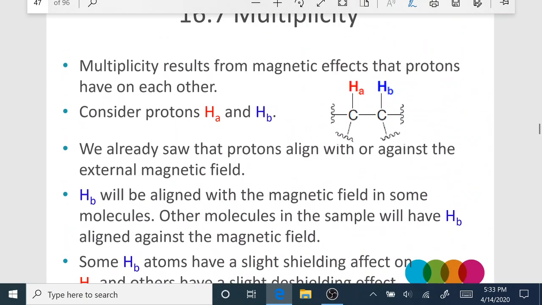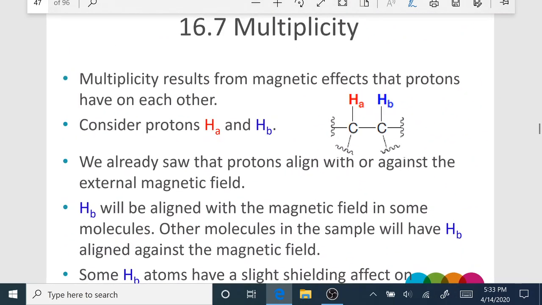Okay? So multiplicity results from each little hydrogen having its own magnetic field and how that magnetic field interacts with the surrounding magnetic field. So spinning charged particles create a magnetic field, and each one of these hydrogens is a spinning charged particle. So if they are next to each other, they're going to affect the other by affecting their magnetic field.